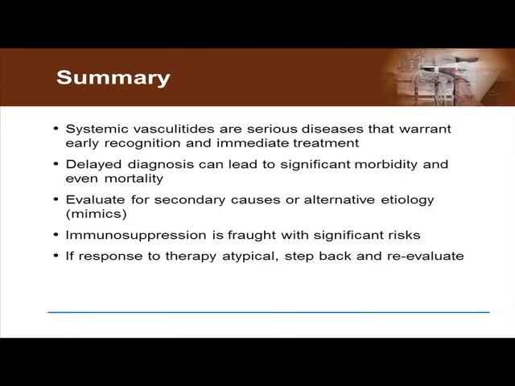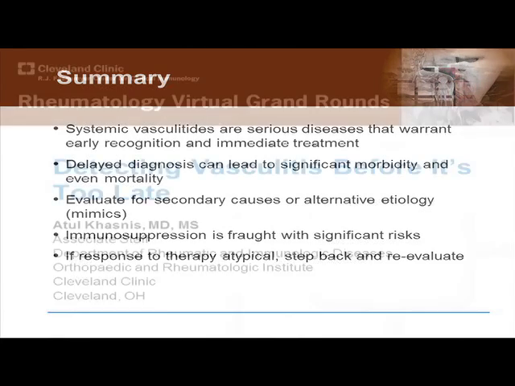Remember that immunosuppression is fraught with significant risks, so we should use it only when it's justified. And most important, if the response to therapy is atypical, it's important to step back and reevaluate and not just escalate immunosuppression because that would increase the risk of infection and other complications for the patient.